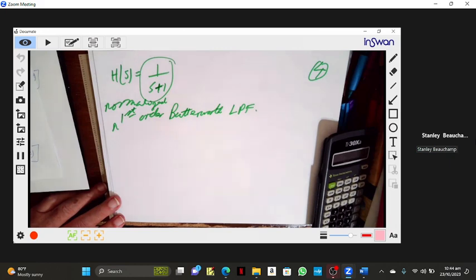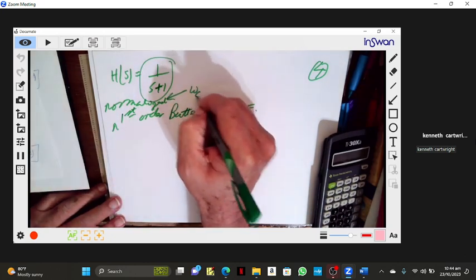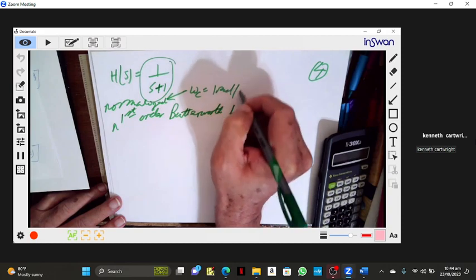It means it has a cutoff frequency of 1 radian per second. I don't know why that person said 1 hertz. No, frequency is not measured in hertz here. Normalized means omega c equals 1 radian per second.